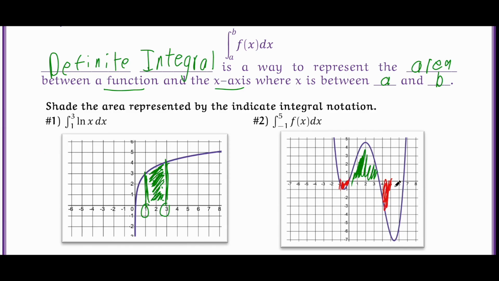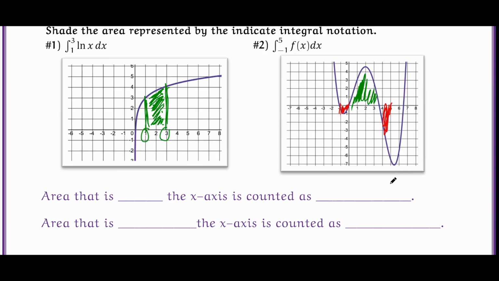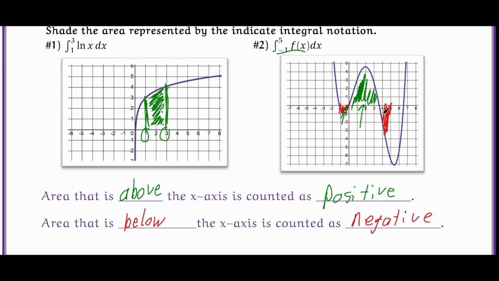Above the axis is positive. Here for this definite integral, we have 3 different shapes: one below, one above, one below. The definite integral represents the areas added together, but the areas underneath are negative.